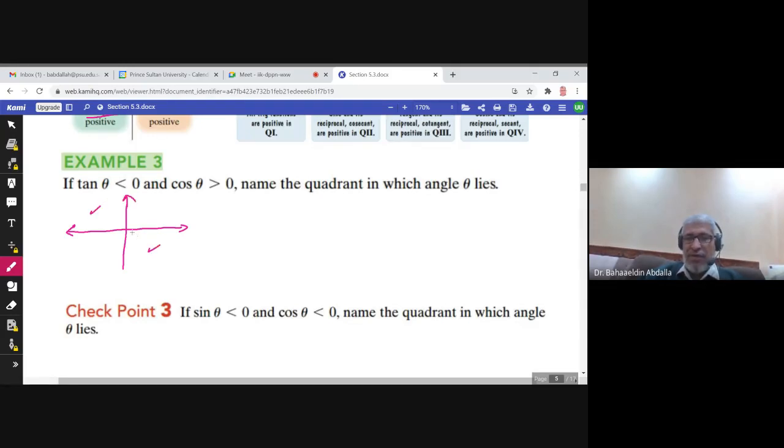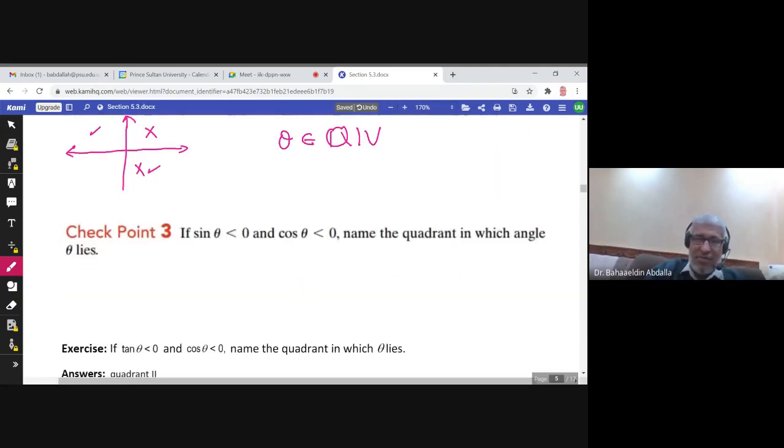Tan is negative in these two quadrants. Cosine is positive here and here. So quadrant 4 is the only quadrant in which tan is negative and cosine is positive. So the answer, theta belongs to quadrant 4. Okay, this is the answer of this example.